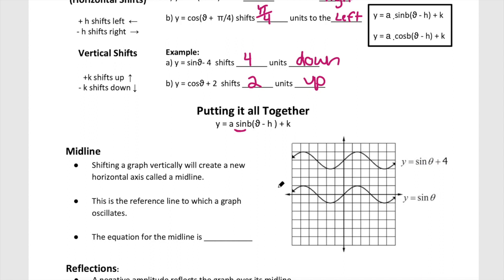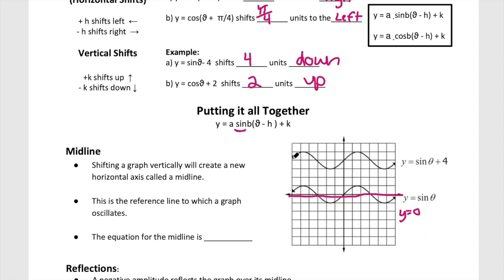So let's start by thinking about where the midline is on the original sine function. The midline of the original sine function is our x-axis, which is the line y equals 0. If you add 4 to the sine function, this entire graph is shifting upward.